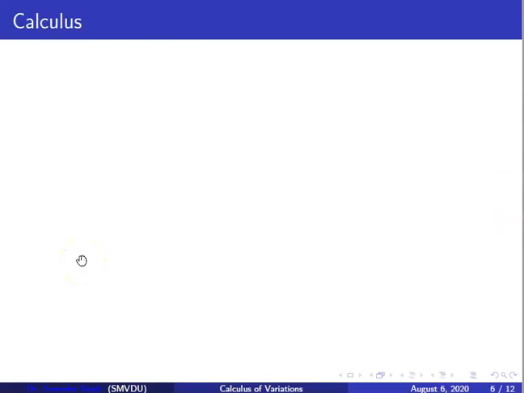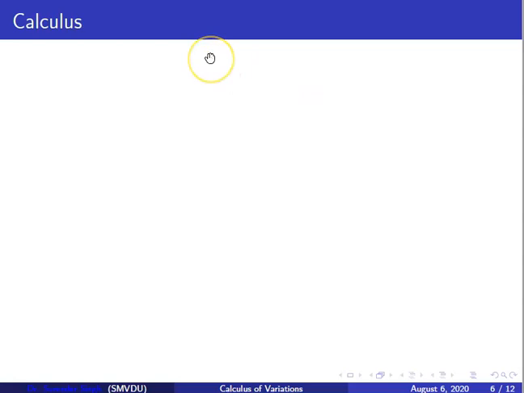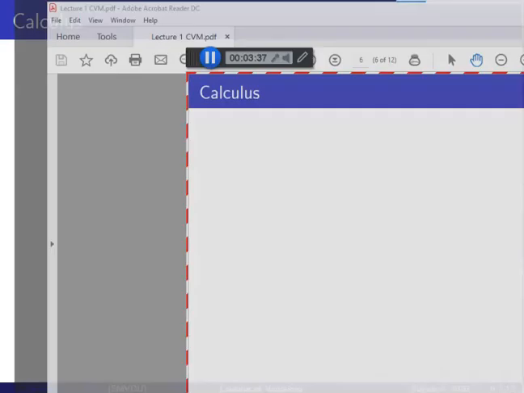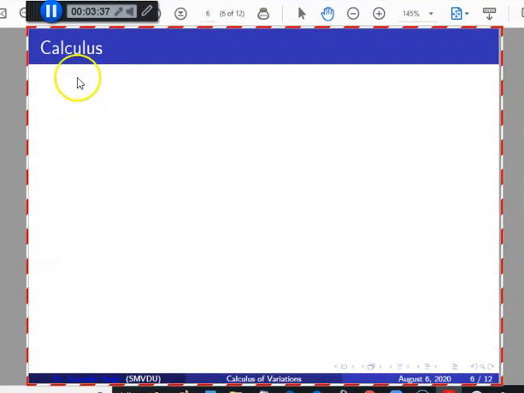Then first, what is calculus? What do we deal with in the study of calculus? You see, in calculus what we do, we have certain function, that y is a function of x.